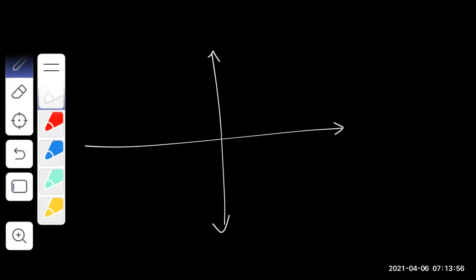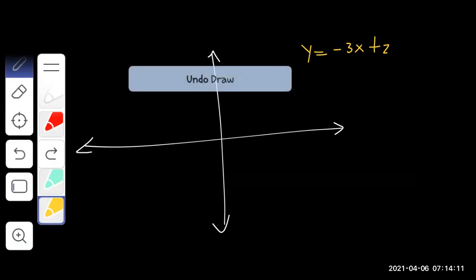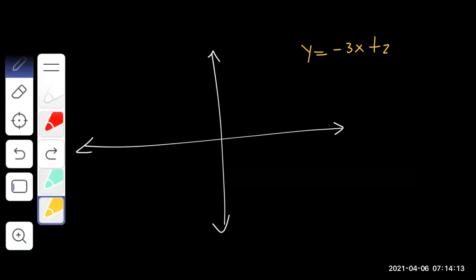And the third case could be something pretty similar to that. Let me give you an idea for that. Let's say I have an equation like y equals negative 3x plus 2. This is just an example. And the second equation, let me draw that one. It's negative, can you see that?